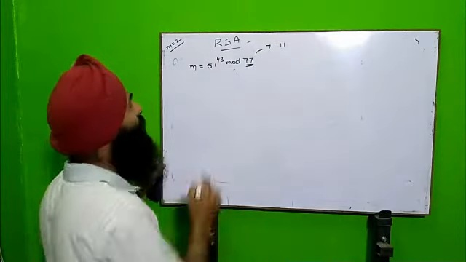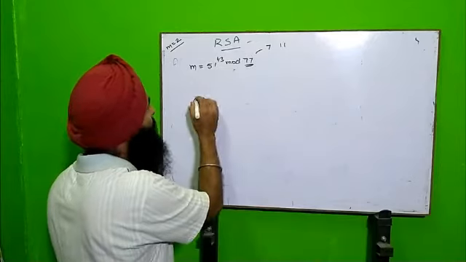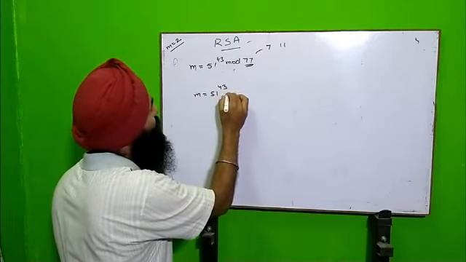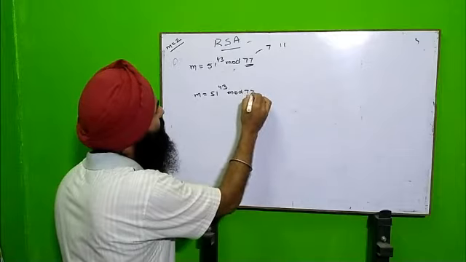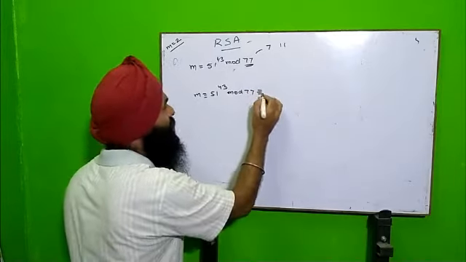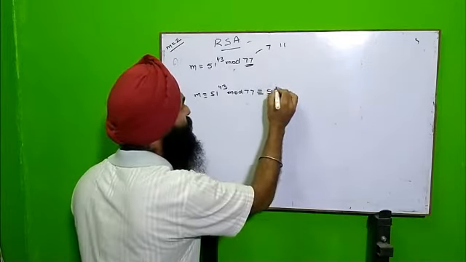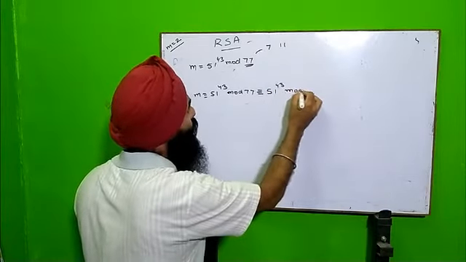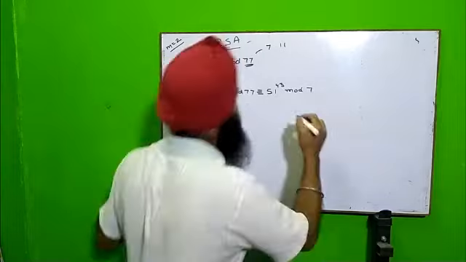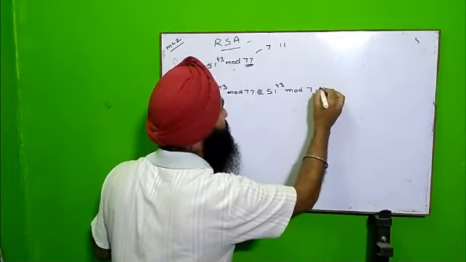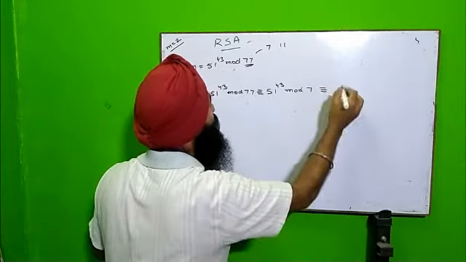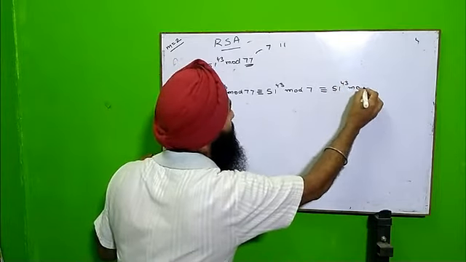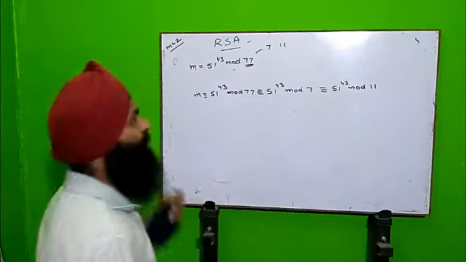Now, if this is the case, we can write m equivalent to 51 raised to power 43 mod 77, that is congruent to 51 raised to power 43 mod 7, and further congruent to 51 raised to power 43 mod 11.